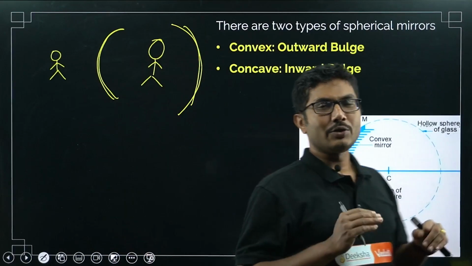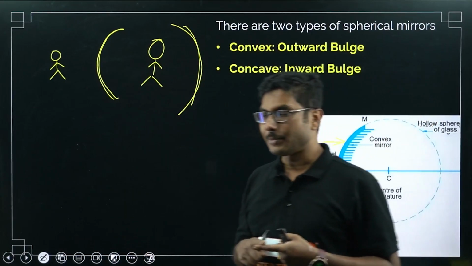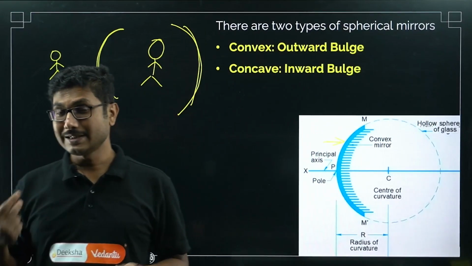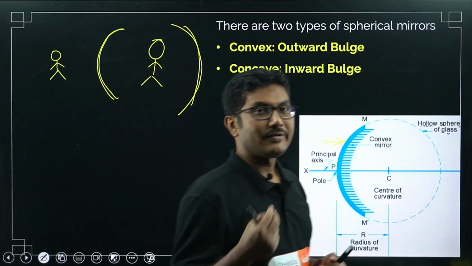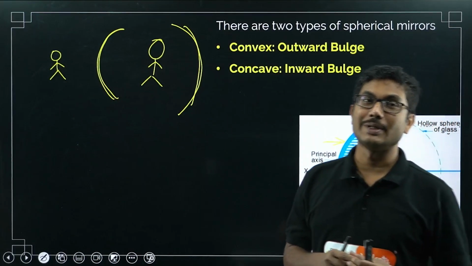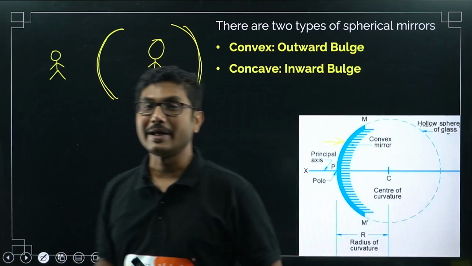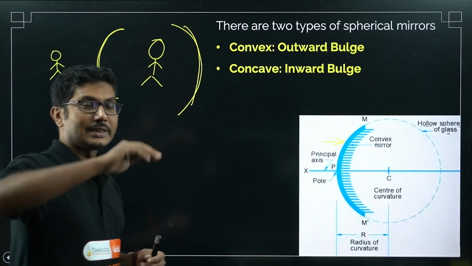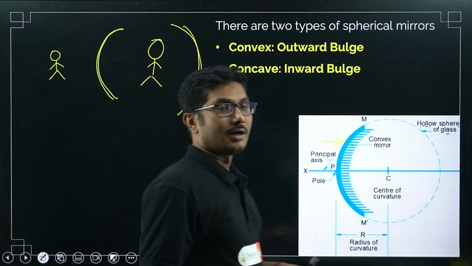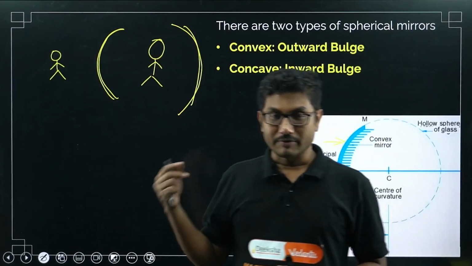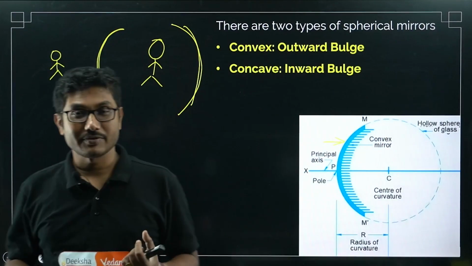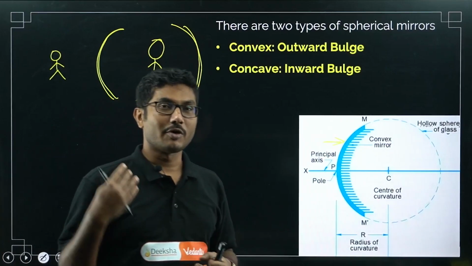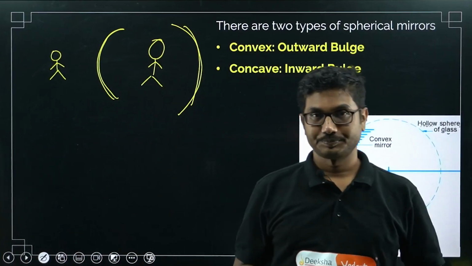Normally, by looking into a mirror, it is not so simple to identify from a distance. The only way to identify it is to go close to the mirror and check whether it is a concave mirror or a convex mirror, because they have a very large radius of curvature. Later on we will see what radius of curvature is. It is not very clear even after touching it.